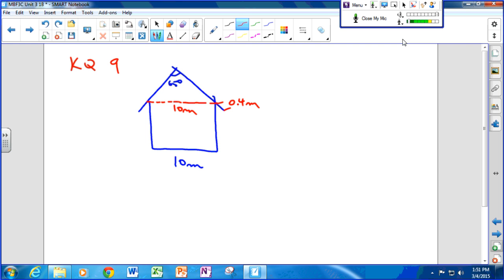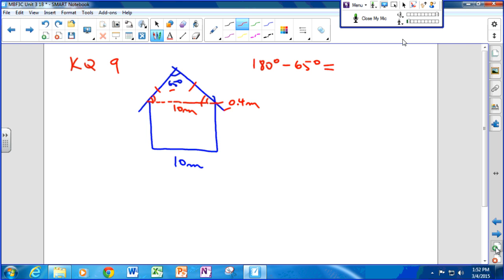Okay, so what do we have here? It says that this side and that side are equal length. We have ourselves an isosceles triangle, which means that this angle and that angle are the same, which is good. It means that we can actually find out what those angles are. If I have 180 degrees minus 65 degrees, that's going to tell me the sum of those two angles.